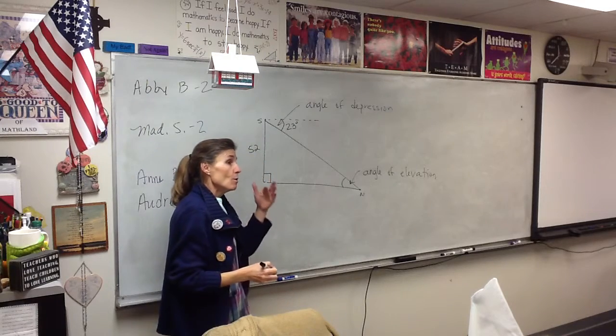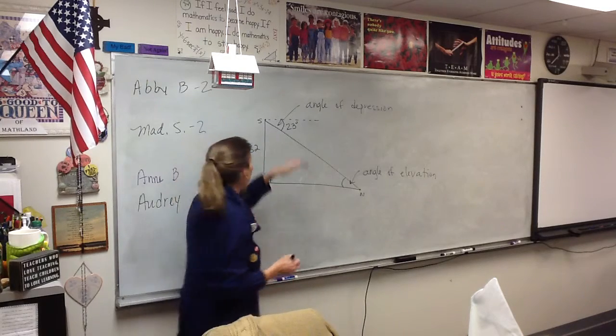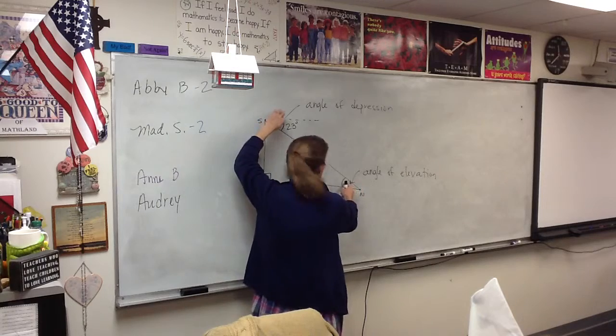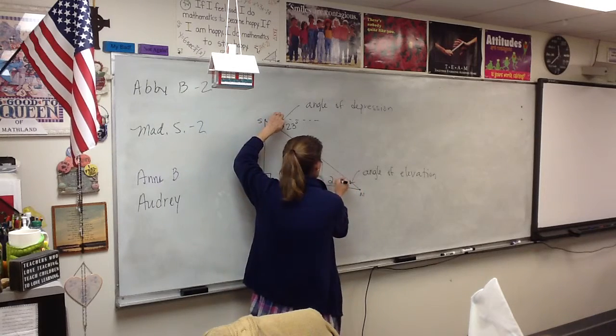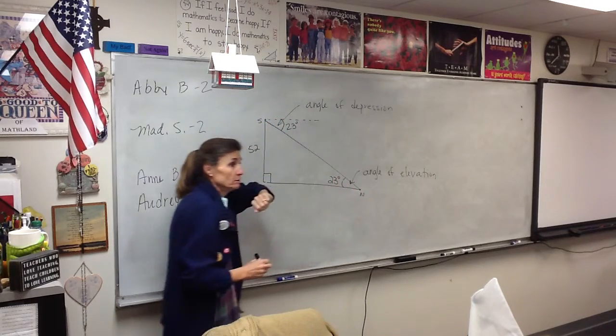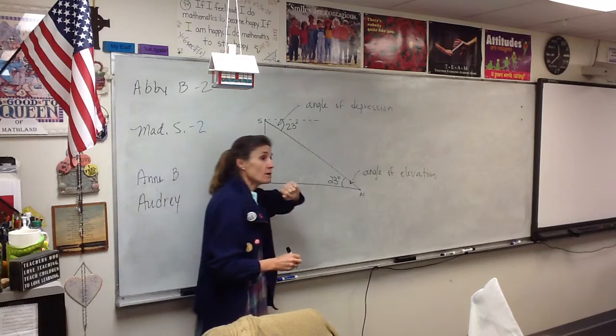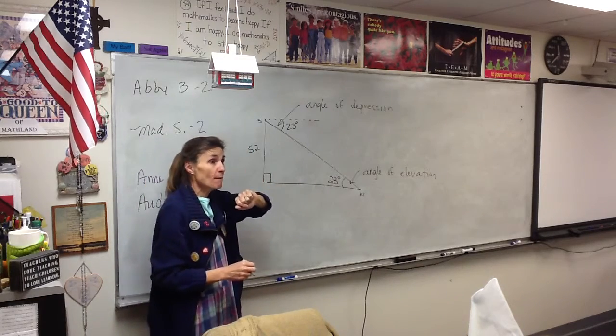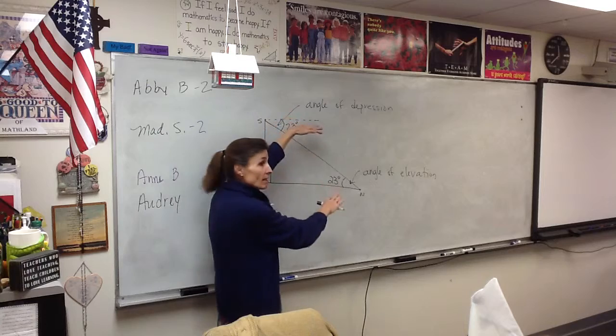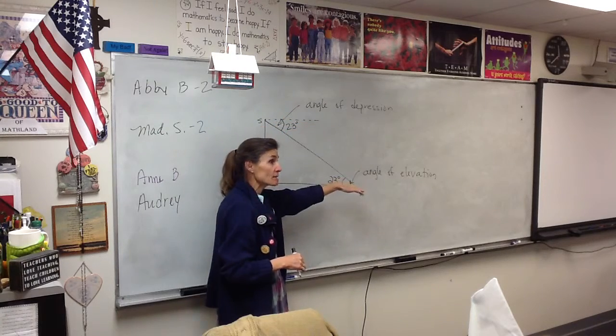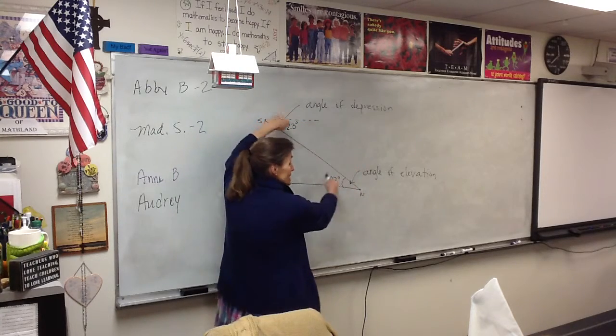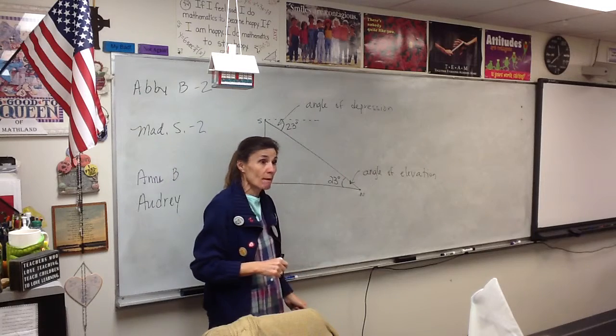Now, what do we know about these two angles, boys and girls? They are equal. Because a long time ago you learned in geometry that if parallel lines are cut by a transversal, alternate interior angles are congruent. Remember that?